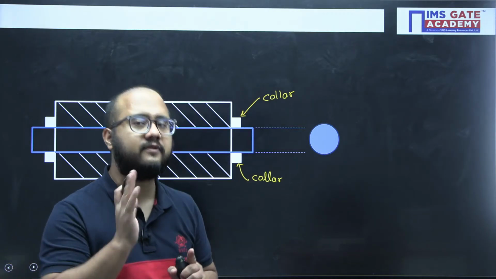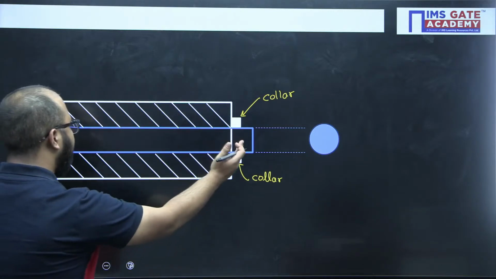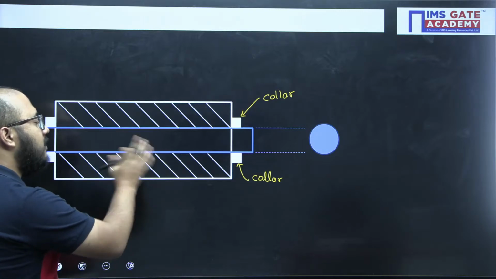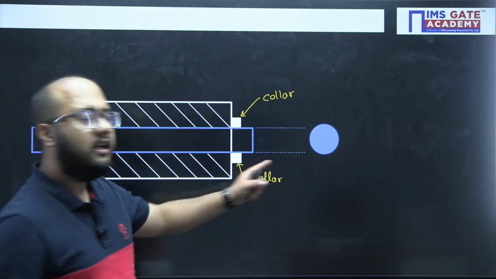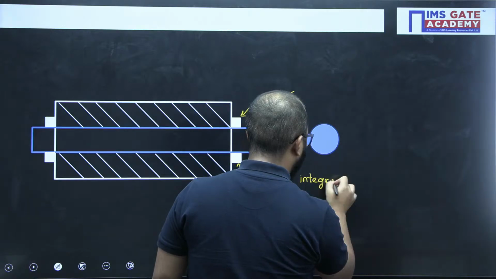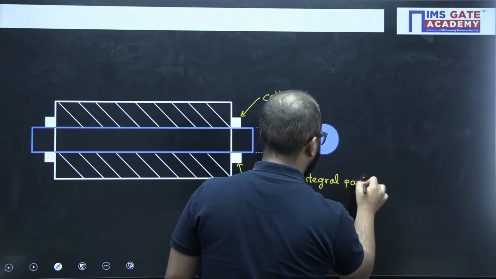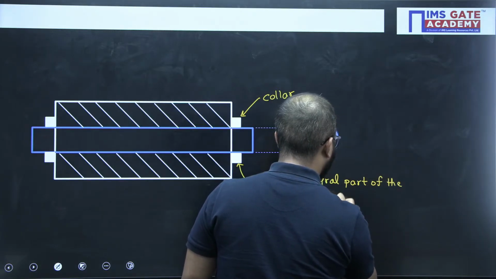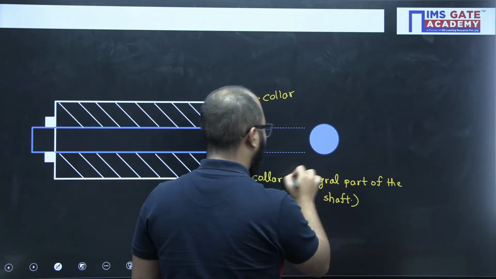It cannot have sliding, because when the collars are present here, how can it slide? Sliding motion is not possible here. These are an integral part of the shaft.